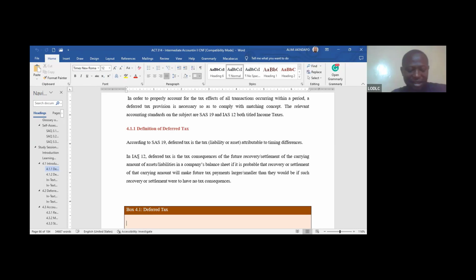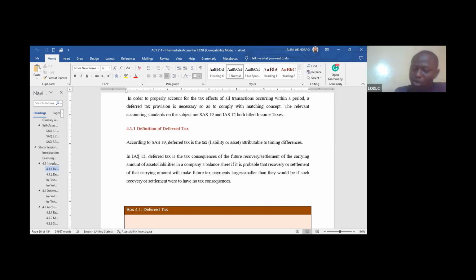What they are saying here is that deferred tax gives you either a deferred tax asset, which is positive, or a deferred tax liability, which is negative. But the essence of deferred tax is that it will make future tax payments either bigger or smaller than they would be if such recovery or settlement were to have no tax consequence.